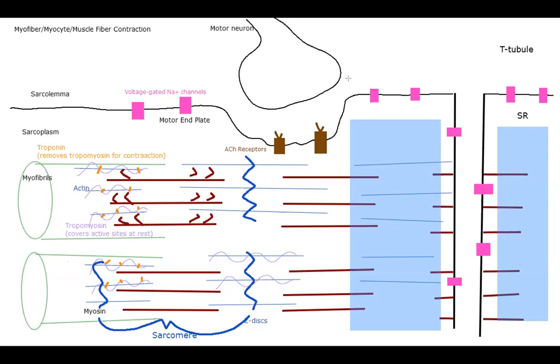is these other types of voltage-gated channels, which have a piece of this protein within the T-tubule membrane, and they also have a piece within the SR membrane.